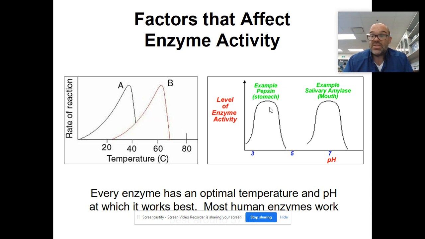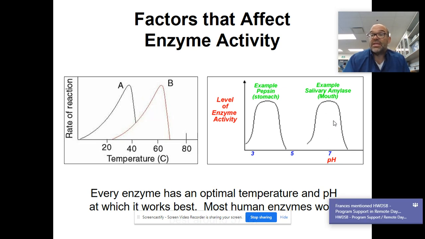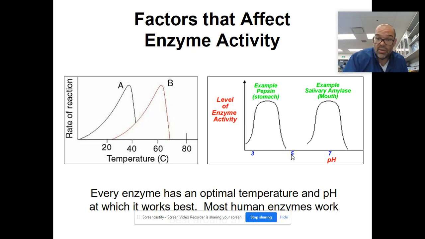And again, that makes sense because your stomach is an acidic environment, right? So it would make no sense to have the optimal pH of pepsin being up here with amylase because the conditions in your stomach are acidic, okay? But you can see, just like temperature, same sort of thing, okay? pH too low, the enzyme doesn't work, okay?